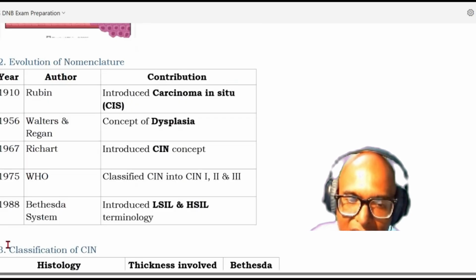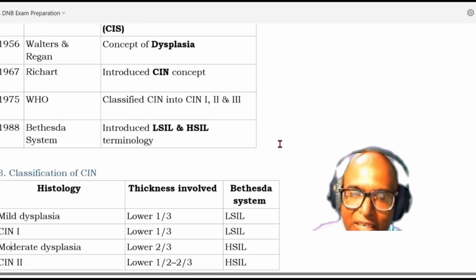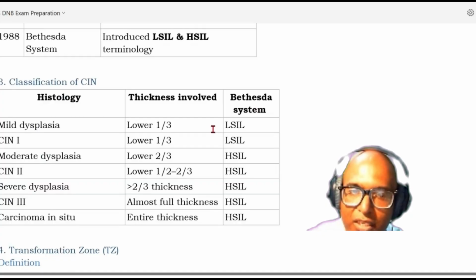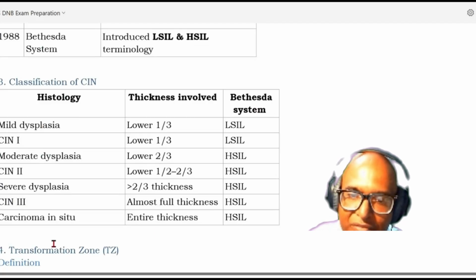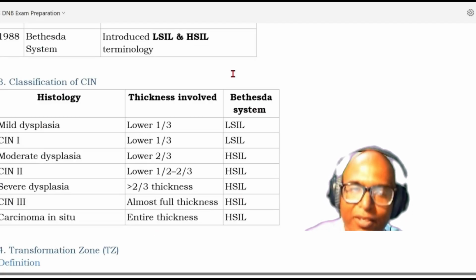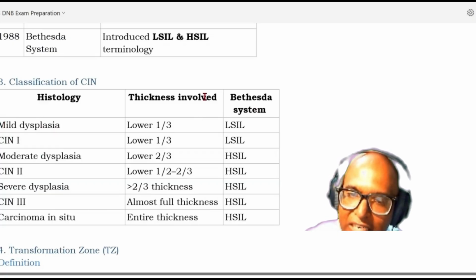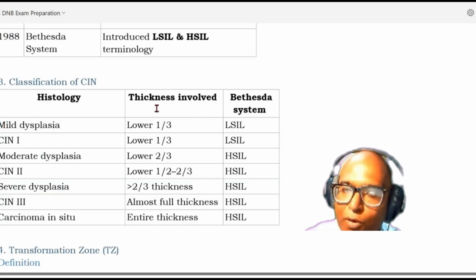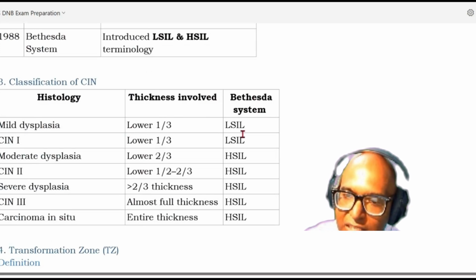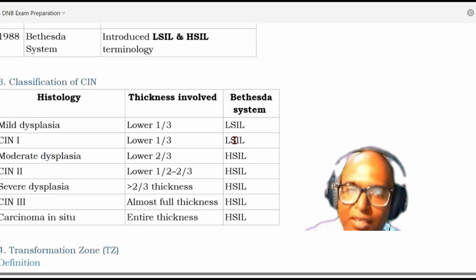The next table is going to be very, very important. Initially the terminology was mild dysplasia, then came the CIN, and the latest is LSIL and HSIL. When we talk about mild dysplasia or CIN1, generally the dysplasia is involving the lower one third, and as per the newer system, we call it LSIL.